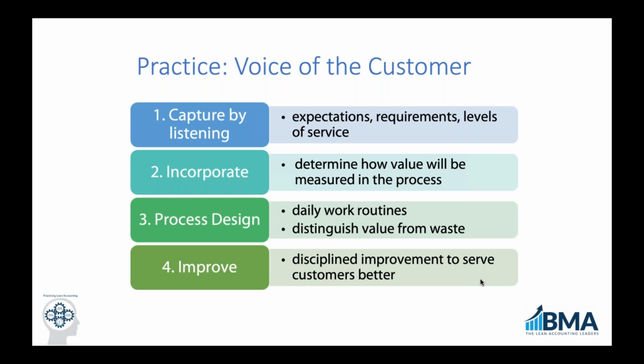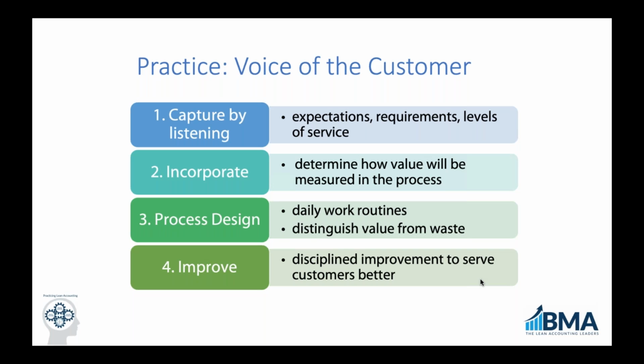So as we go into how lean accounting is helping us evolve our thinking so that our expertise is much better used in service of the company and its customers, we're going to go through this initial, foundational practice of understanding customer value by looking at four different steps or aspects of the practice.